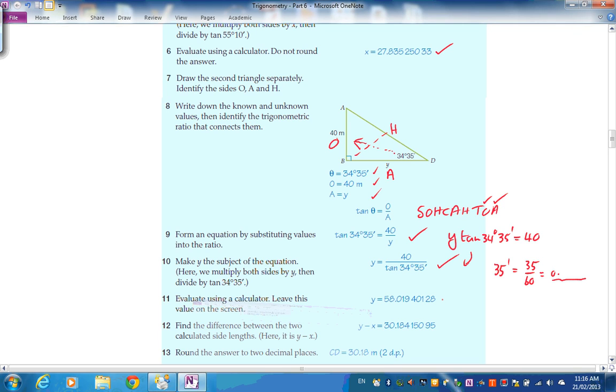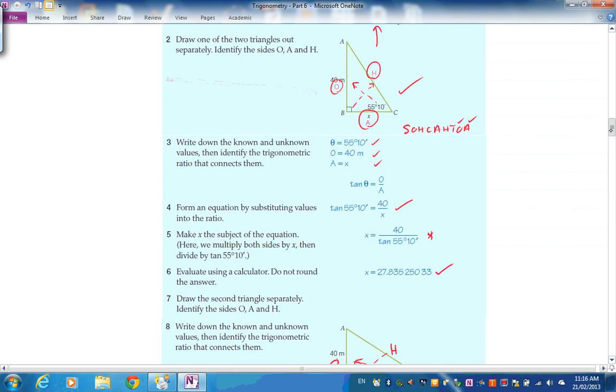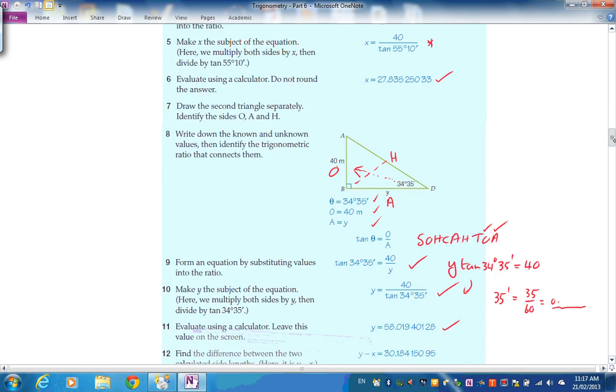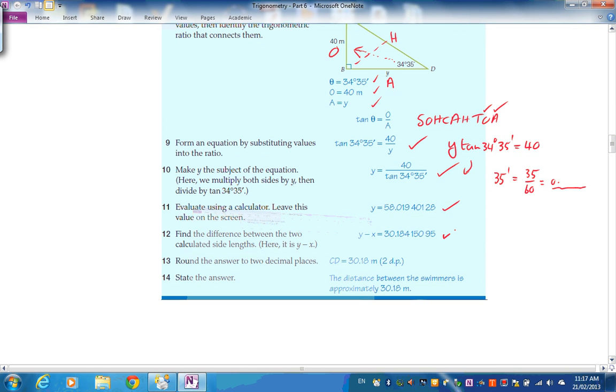Okay, so we now have this side, and just remembering the problem, let's go back up. So we've now got this and this whole distance. So the actual distance we want is the distance between the swimmers. Okay, so we've got little x and little y, and the distance between the swimmers is one minus the other.